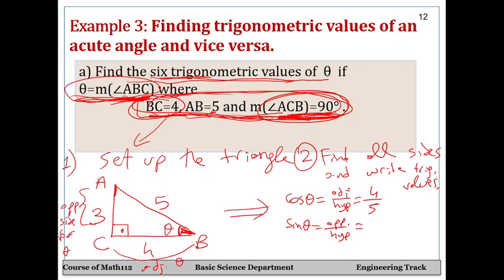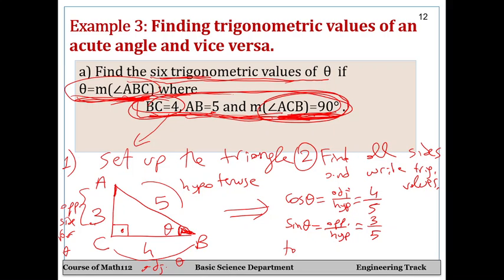You can use some memorizing techniques, but it's better you do more practice. The more you use it, the more you memorize it. So opposite 3 divided by 5. The hypotenuse is this one, by the way. So it will be 3 over 5.